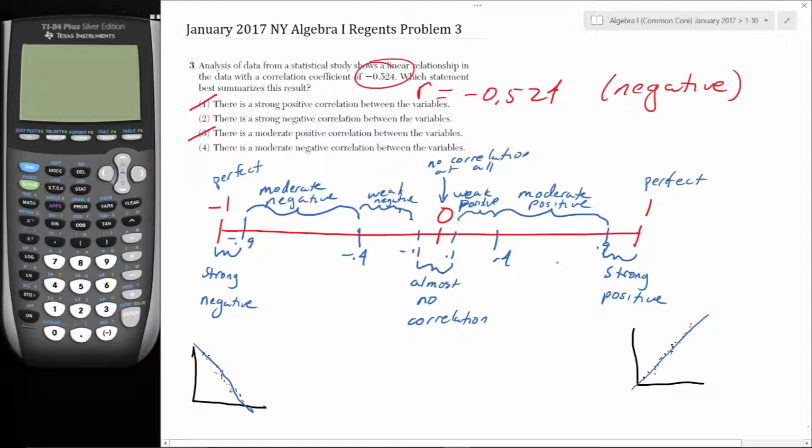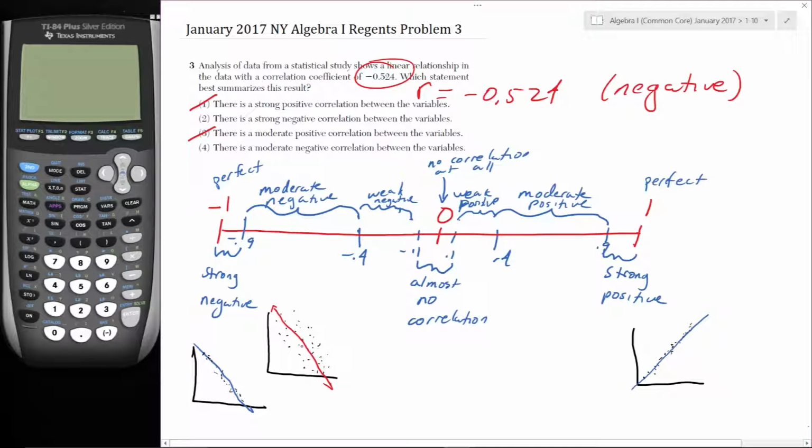Now, moderate negative is a situation in which the data fits a negatively sloped line, but maybe the data isn't very tight onto a line. You could see a trend going downward, but not a very good trend. This is what data with a moderate or weak negative correlation looks like.